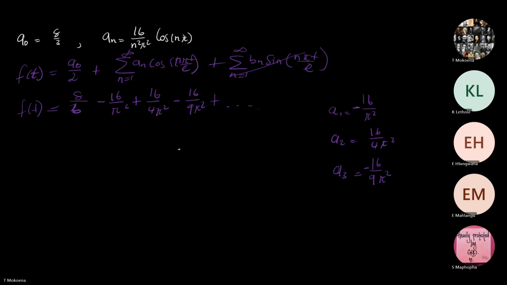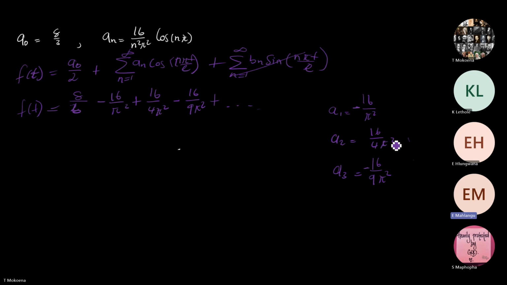And now you write 16 over pi squared cos n pi t over something. Oh, this one, you're talking about this one.